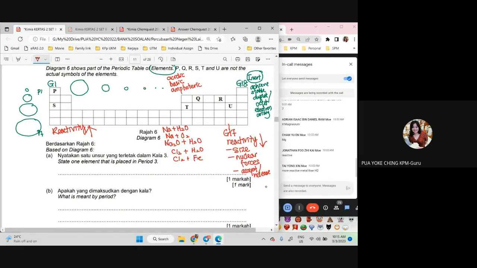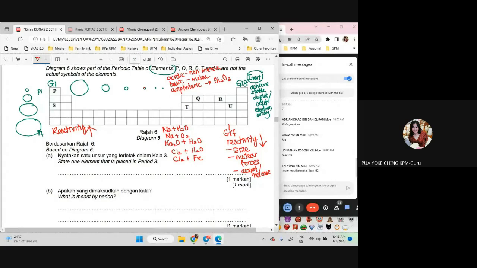Okay, so ingat amphoteric oxide must come from your Al2O3, tak ada benda lain. Acidic oxide is from your non-metal oxide. Oksida bukan logam, and basic oxide is from your oksida logam. Okay? So ini ialah secara keseluruhan your chapter 4 lah.